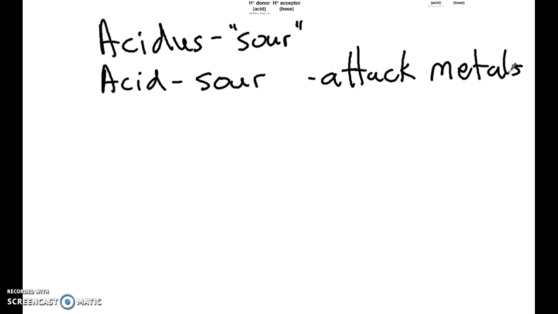And this is one reason you do not see acids in general used as cleaning products. They would really get after stuff, but unfortunately they also attack pipes and metal fixtures or faucets and things like that. And so we don't use them too much. About the only acid that's used for cleaning supplies is toilet bowl cleaner. Why? Because the toilet bowl is usually porcelain or plastic, and therefore the strong acid will not really attack it.